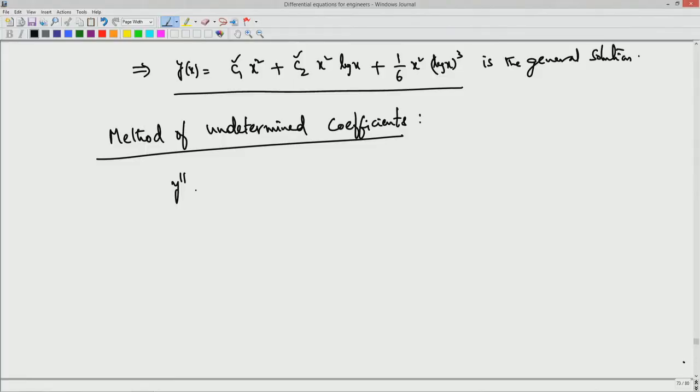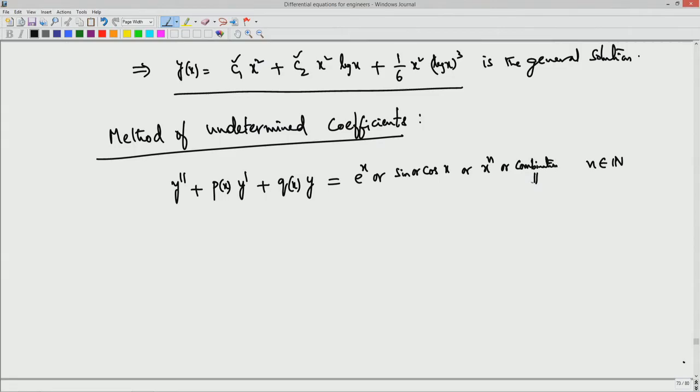So what you have is y'' + p(x) y' + q(x) y = f(x), let us say a simple function, either e^x, or sine or cosine of x, or a polynomial P_n(x), like x^n, where n is a natural number, or a combination of them.